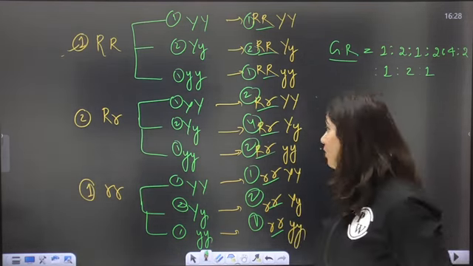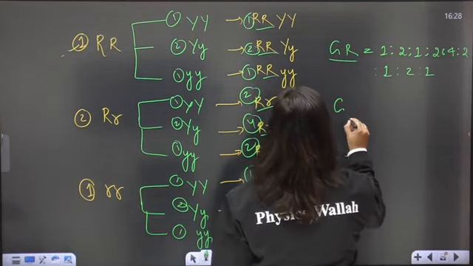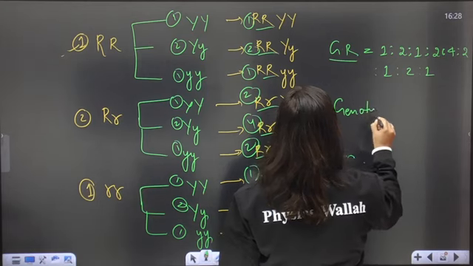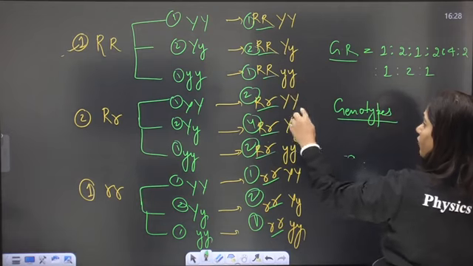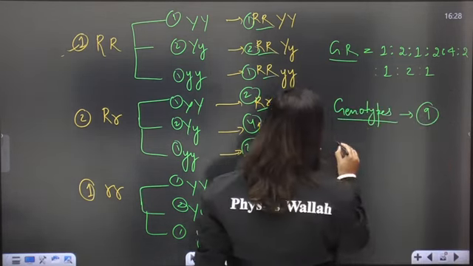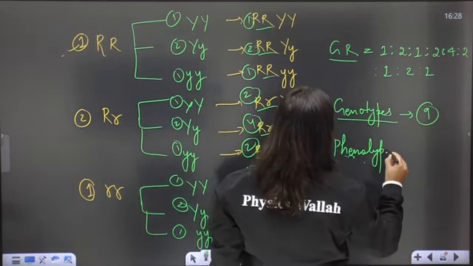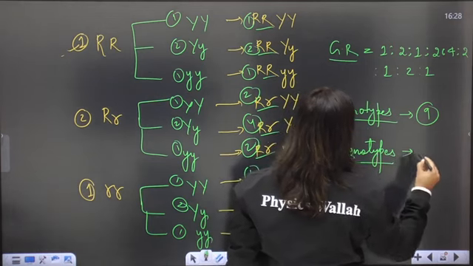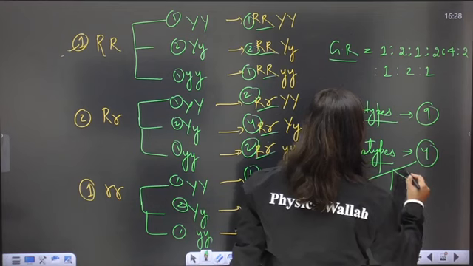Okay, so how many phenotypes and genotypes do you get from here, beta? The number of genotypes here, you can see, are total 1, 2, 3, 4, 5, 6, 7, 8, 9. Genotypes are 9. And how many phenotypes? Phenotypes are total 4. Which ones?